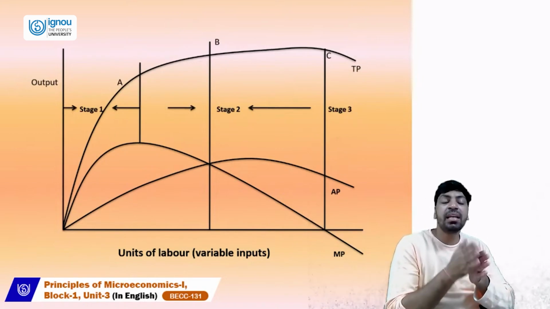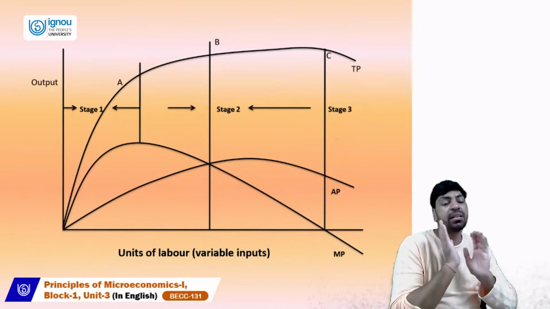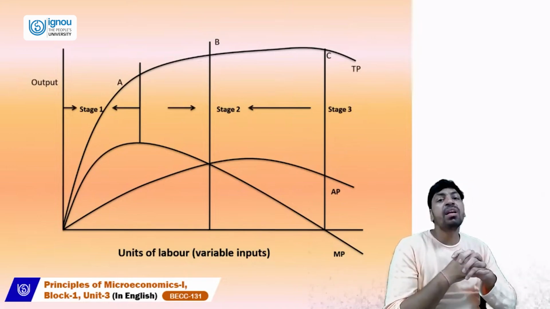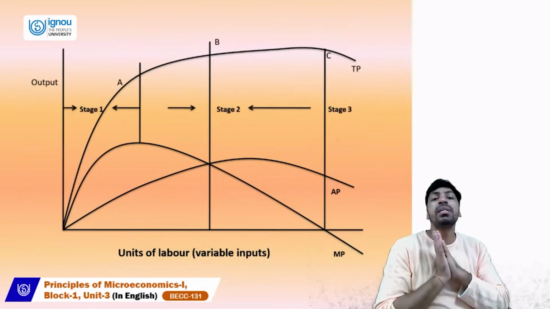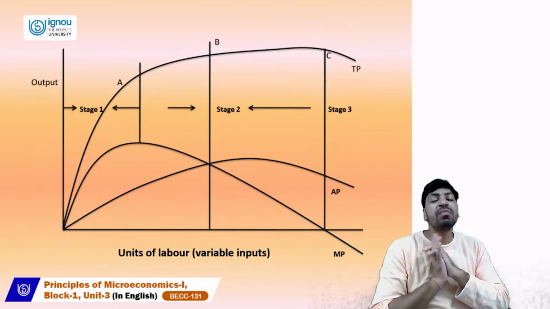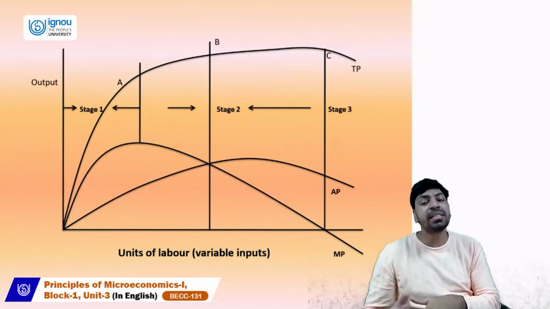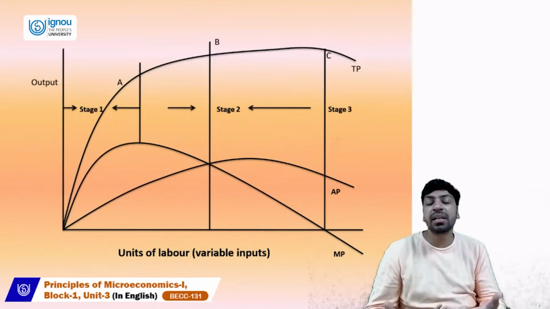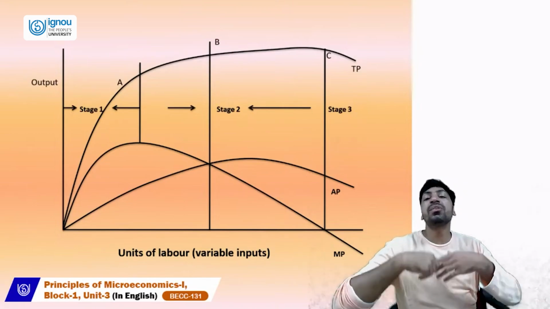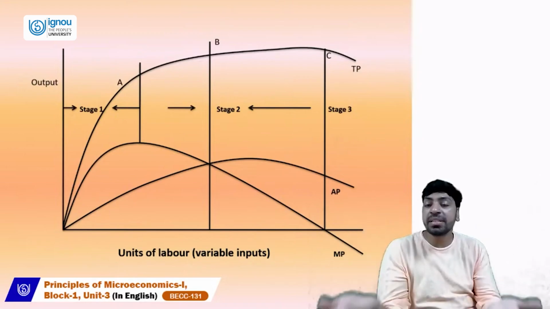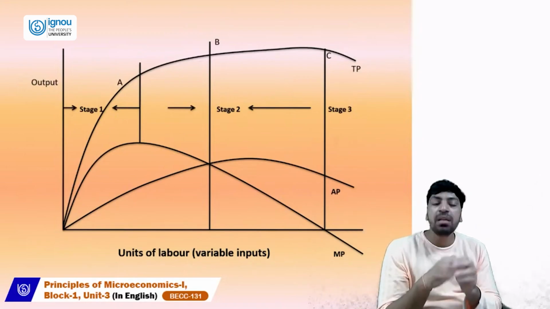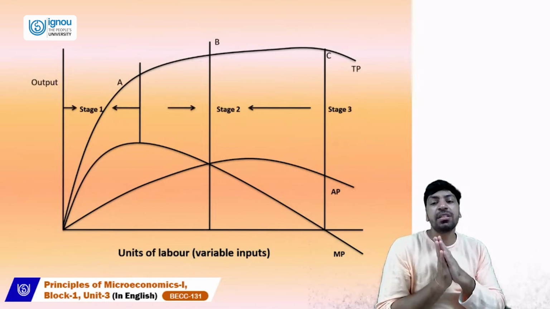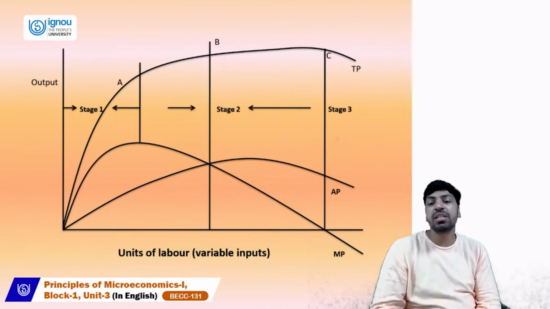When output increases at an increasing rate, this is stage one. When we talk about constant, we talk about stage two. When the level of output is declining at a decreasing rate, we talk about stage 3.